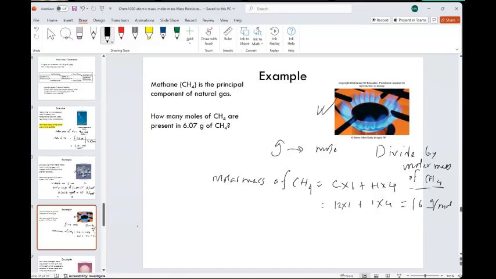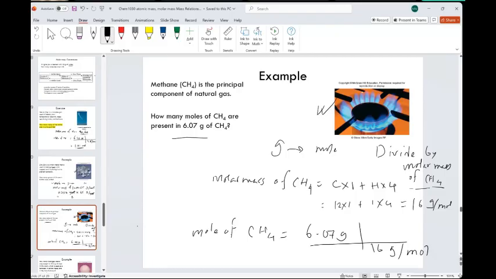So now you can write the final math of mole of CH4 equal to 6.07 gram divided by 16 gram over mole.